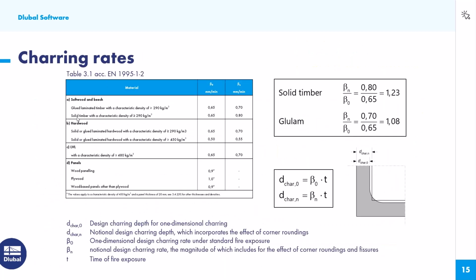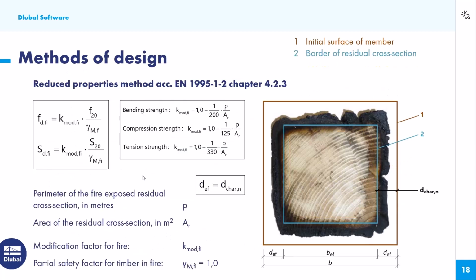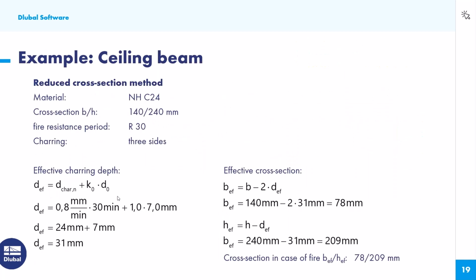It's this table. Solid timber, which is C24. We have 0.8. And multiplied by the time, in this case R30, meaning 30 minutes, we get 24 millimeters. And we additionally add 1.0 times 7 millimeters. And then we get an effective charring depth of 31 millimeters.